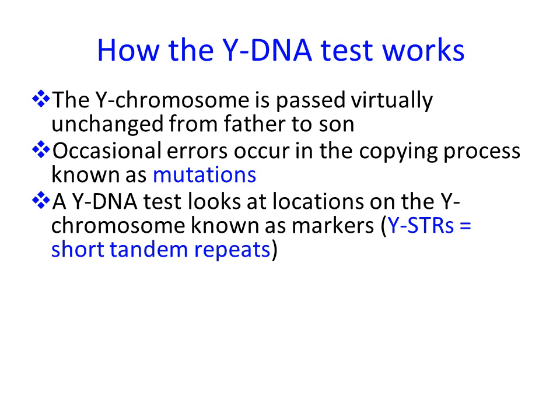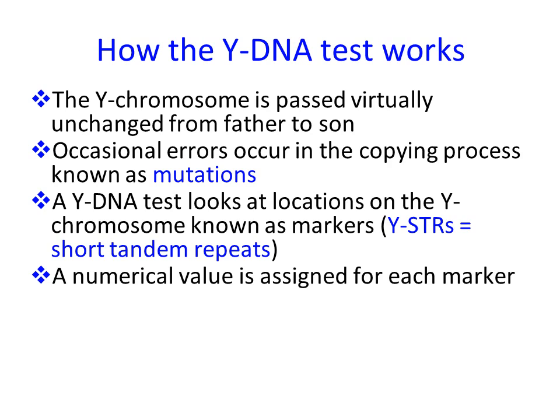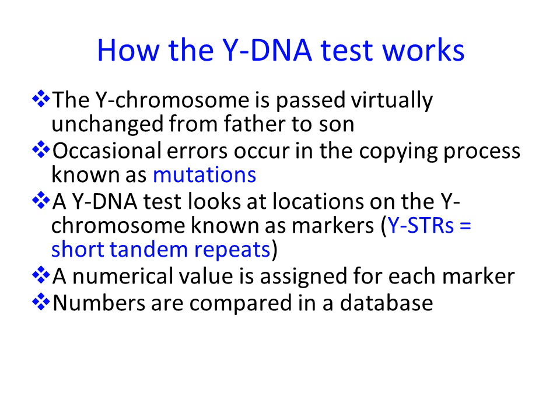The Y-DNA test looks at particular locations or markers on the Y chromosome where these mistakes are most likely to occur. The technical name for these is STRs, or short tandem repeats. For each marker that's tested you get a number, and then your numbers just go into a database. So it's really like a sort of number matching game.